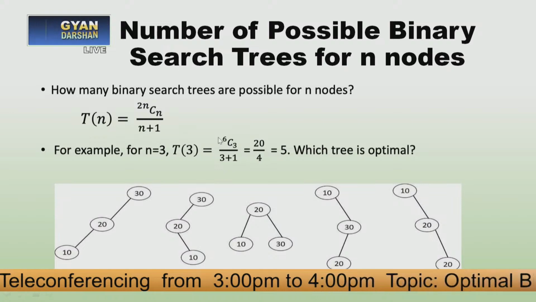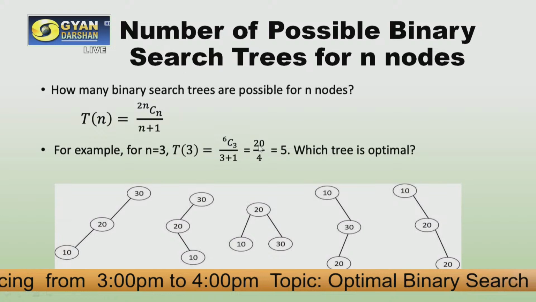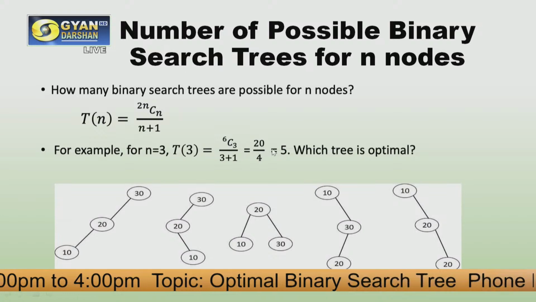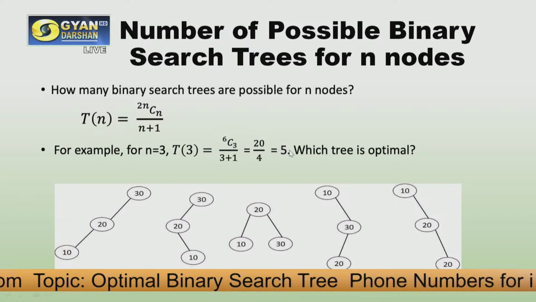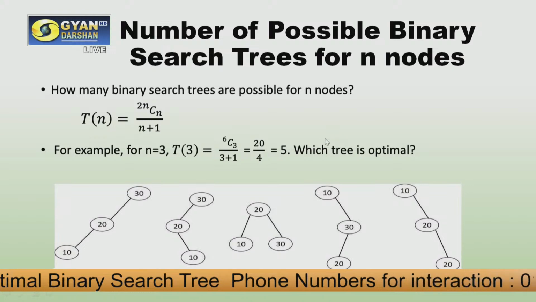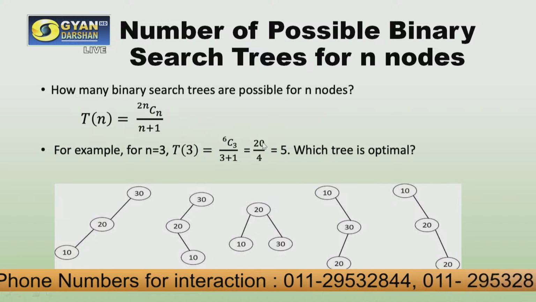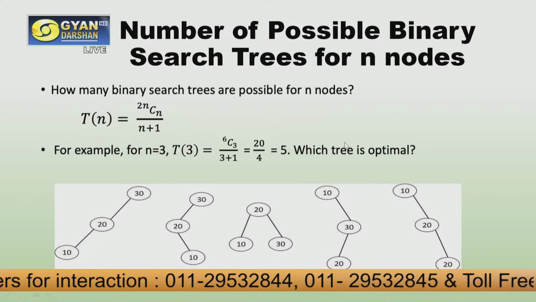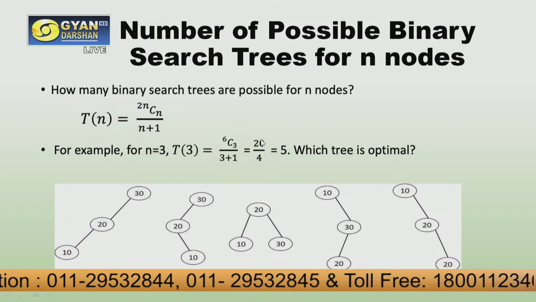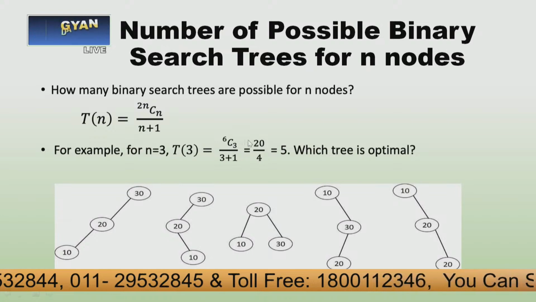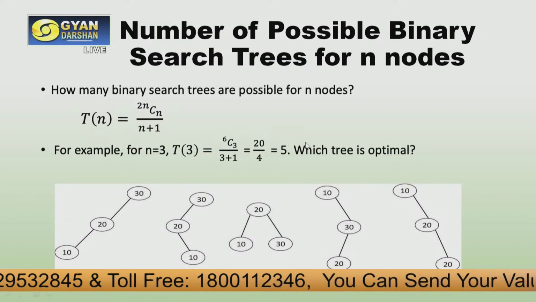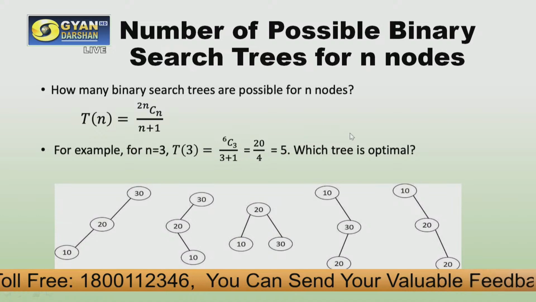So 20 by 4, which turns out to be 5. Even for n equal to 3, you have 5 possible trees. If you think in terms of 4, this number will increase drastically. For 5, it will increase even more.